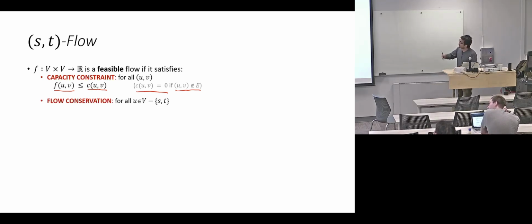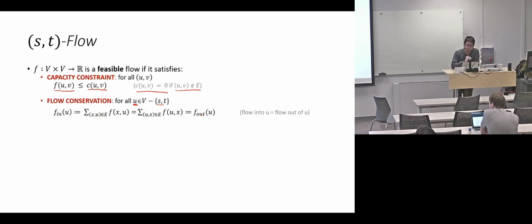And the next thing is flow conservation. For every node u that is not the source and sink, you need the flow into u, which is the sum of flow into u, to be equal to the flow out of u, which is the sum of all flow from u out to any node x.